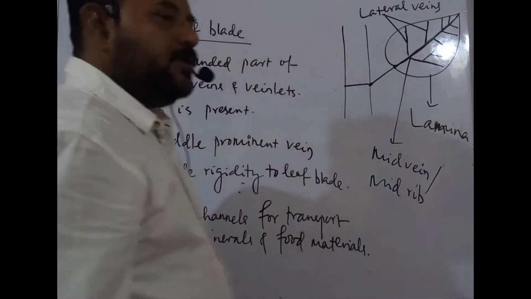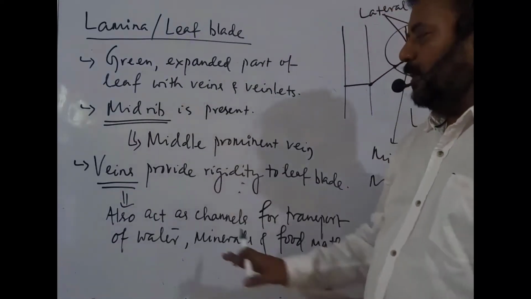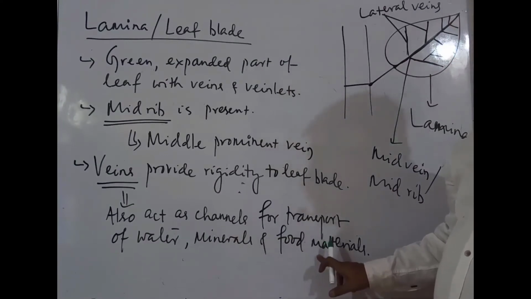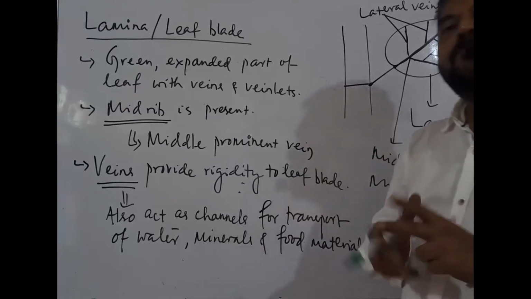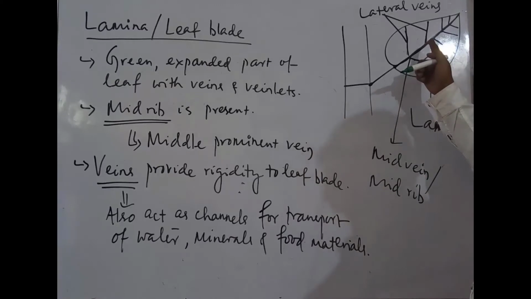So all of you know that xylem conducts water and minerals, and food material is conducted by phloem. And xylem and phloem here are combined or compact to form a bundle that is known as vascular bundle. So vascular bundles are present in this midrib as well as the lateral veins.